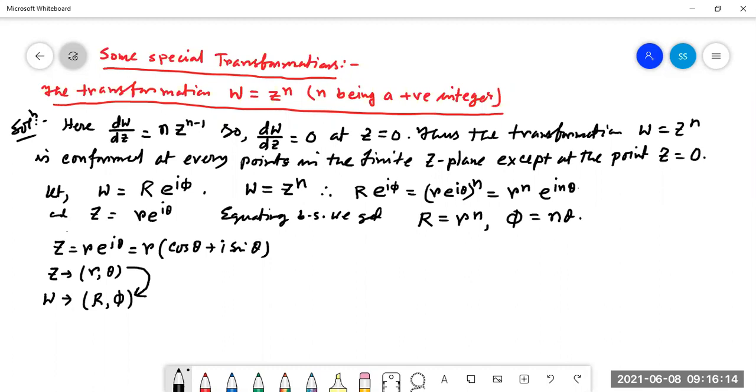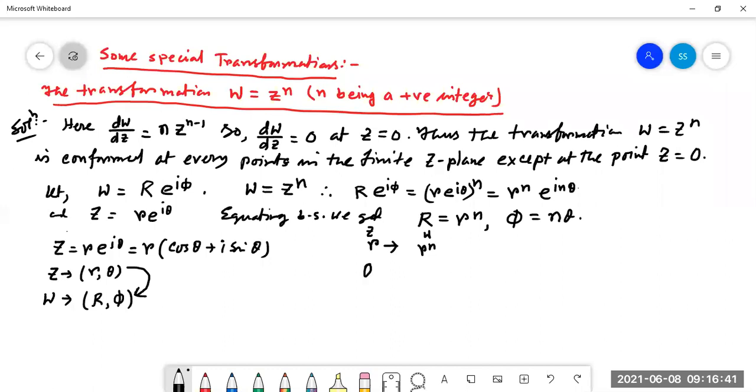Now, when it was r theta, then it was in the form of r theta. So small r in the Z plane, when it goes to the W plane, it becomes r to the power n. In the Z plane it was small r; when it changes to capital R, that is the W plane, it becomes r to the power n.